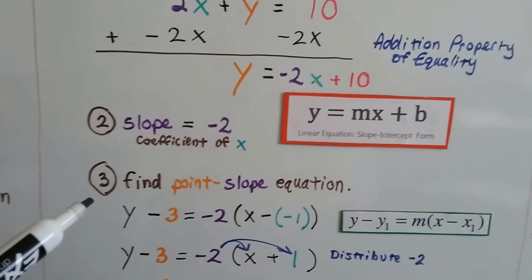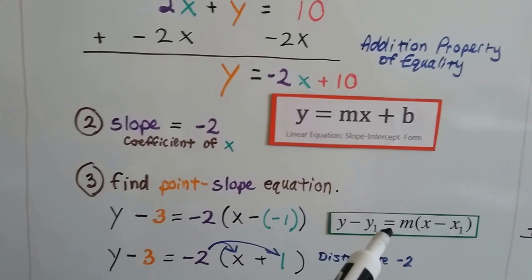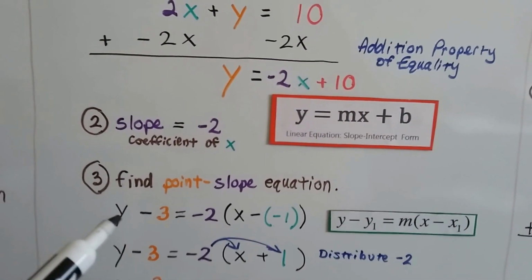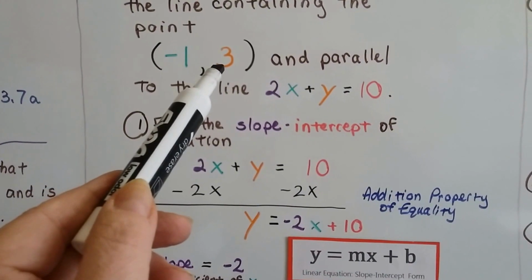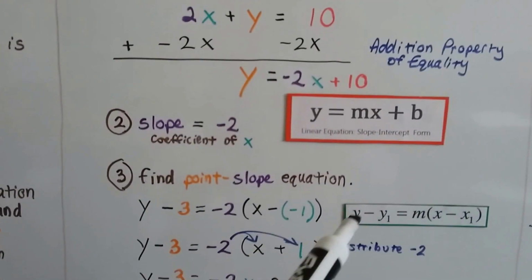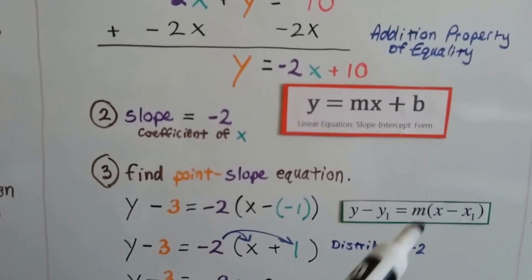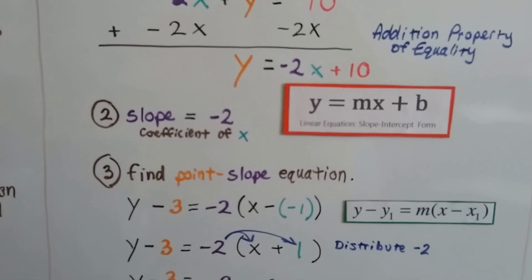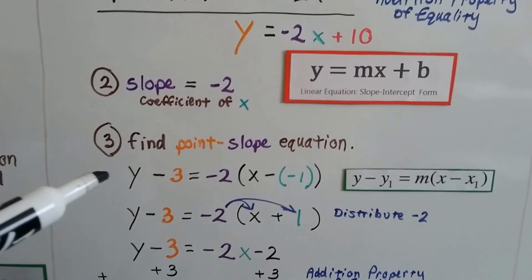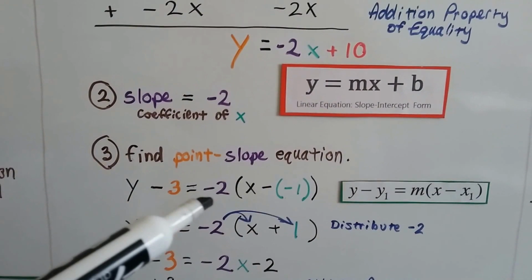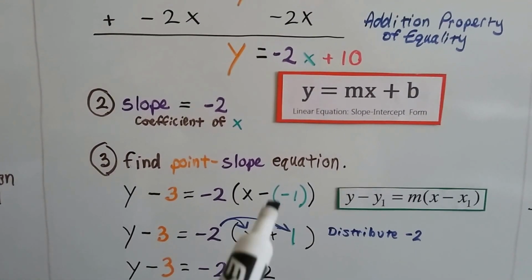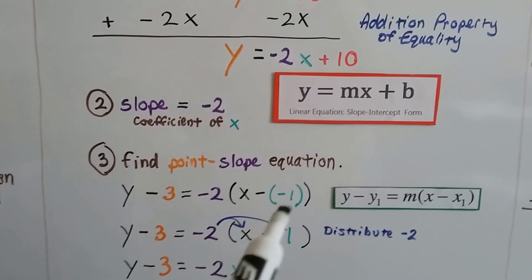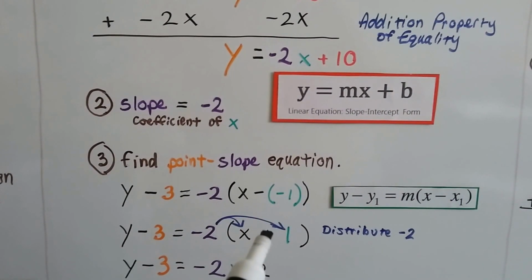Now we find the point-slope equation. Remember, that's this guy. And we plug in our values, this x of -1 and y of 3, into this equation with that slope of -2. We get y minus 3 equals -2 times x minus -1. And when we subtract a negative, we add the opposite, don't we? So we're going to get an x plus 1.